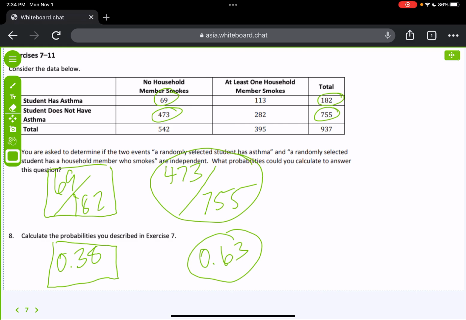Okay. Now, we can't just look at those two. We have to say, well, what about the overall? So if we come over here, we would say, if you go back up to your chart, you need to look at your 69 out of 542. And then you need to look at 113 out of your 395.